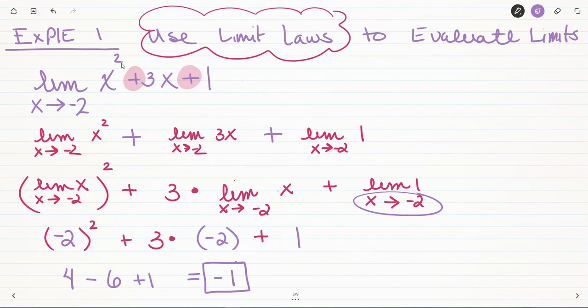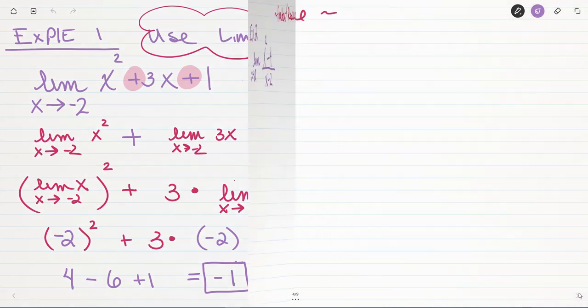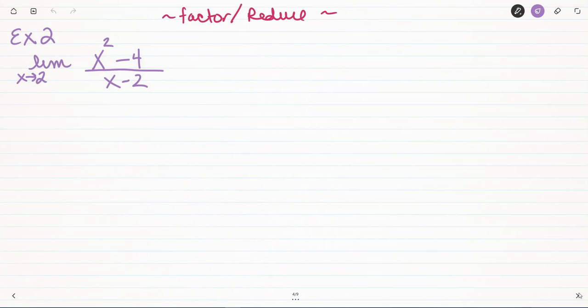We'd have negative 2 squared is 4, 4 minus 6 is negative 2, negative 2 plus 1 is negative 1. But this question asked us to use the limit laws to evaluate, so we did want to show each step. There really are not a lot of examples that you'll need to do that, but the homework will ask you to practice that just a few times at least.